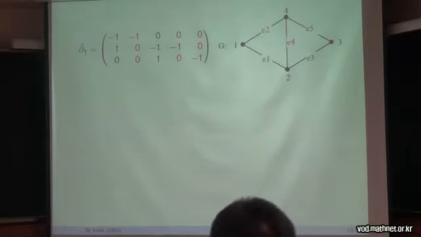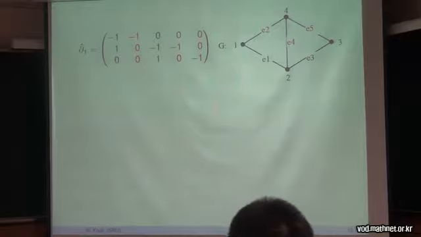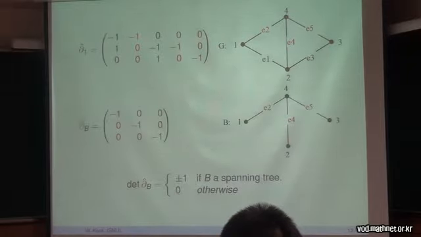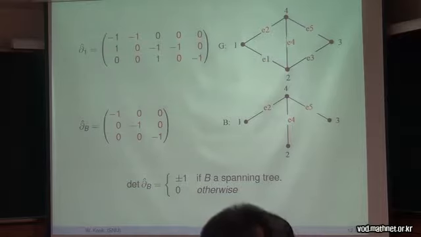And for the matrix tree theorem, we need to do one more thing. So this del 1 hat is the matrix that's obtained by deleting one row. In this case, I deleted the last row. And what you do now is take del B hat, which is a restriction of the deleted version of del 1 to the columns that correspond to the spanning trees.